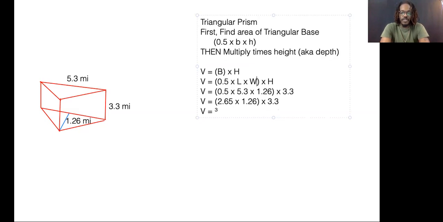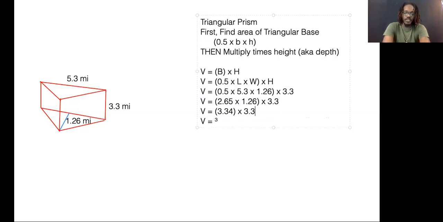So then we have 2.65 times 1.26, which is 3.339. So we'll just say 3.34. And now we have 3.34 times 3.3. This is 11.0187.